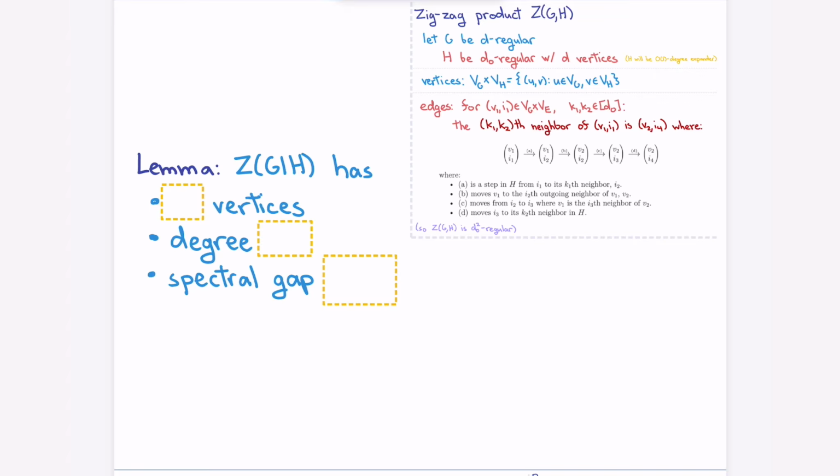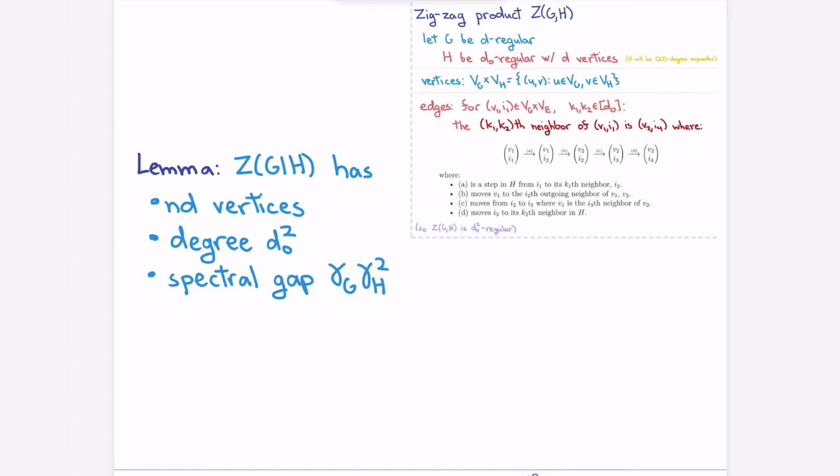Any other guesses? N times d is looking a little bit more like the product graph, though it's not exactly. Okay, what's the degree? We just did this. D0 squared. So we're back to some controlled constant. And of course, this is unguessable. So we're going to show that the spectral gap is gamma G times gamma H squared.